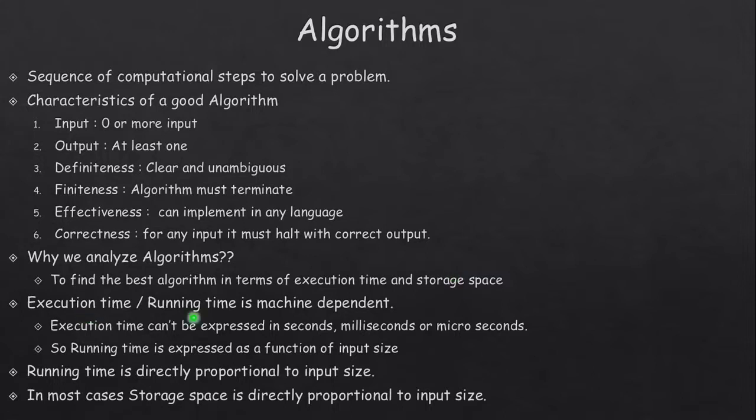Execution time or running time is machine dependent. For some algorithm in one computer it may execute in 3 microseconds, and the same algorithm in some other computer it may take 6 microseconds. That is the meaning of execution time being machine dependent. So if I have an algorithm which runs in 3 milliseconds in one system and in 6 milliseconds in another, I can't express the running time in seconds, milliseconds or microseconds.